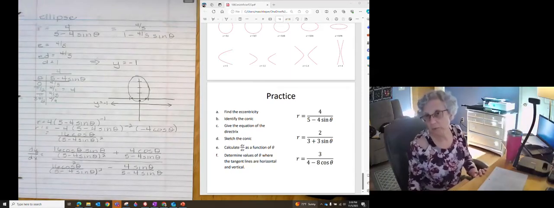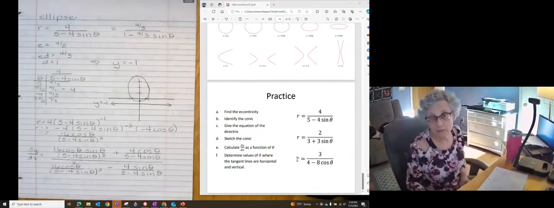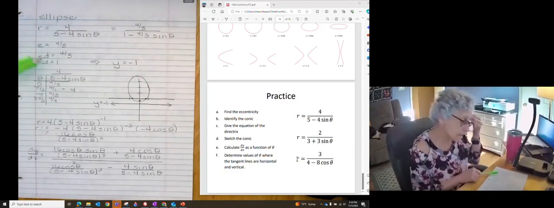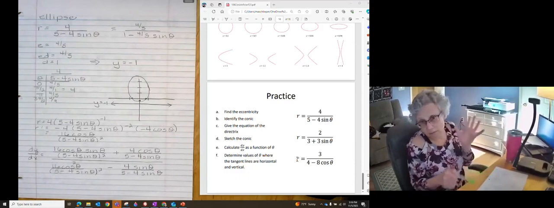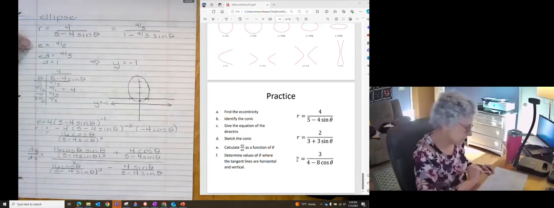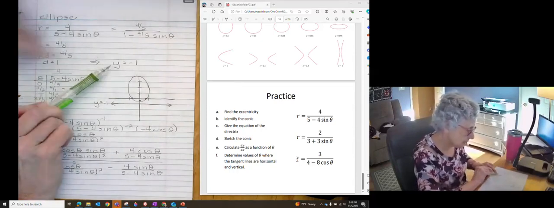Okay, this problem proves that not all of the problems come out with pretty numbers that live on the unit circle. So first we'll just graph it, which isn't too hard. We already knew it was an ellipse. We had figured out the eccentricity was 4/5.